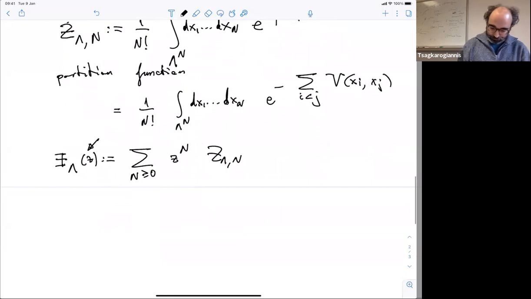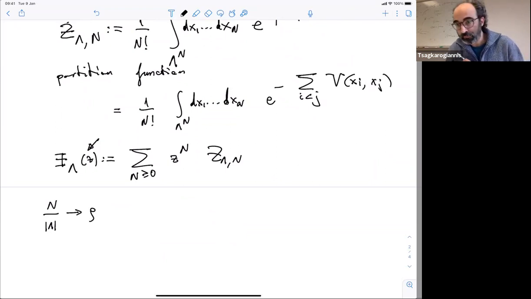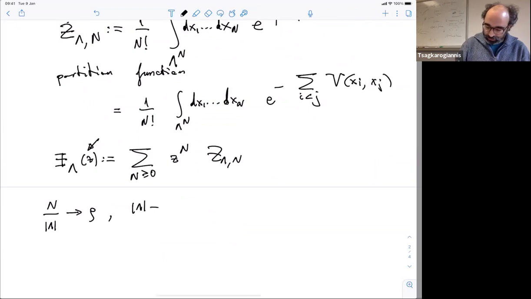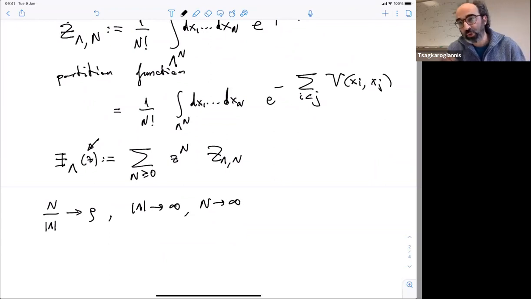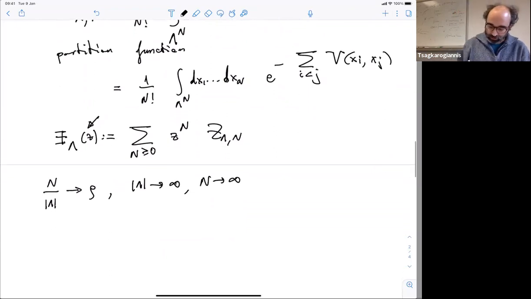In fact, if I consider the density, which would be the number of particles divided by the volume, let's say this goes to a value rho. So in this limit, as Lambda goes to infinity, the volume becomes infinite, the number of particles goes to infinity, in such a way that the ratio goes to the density.